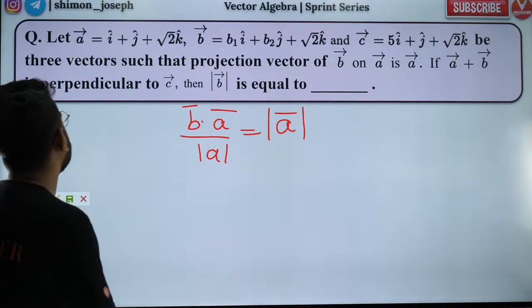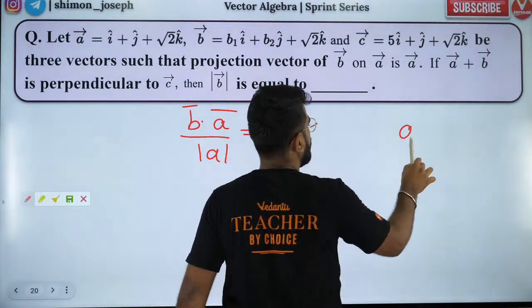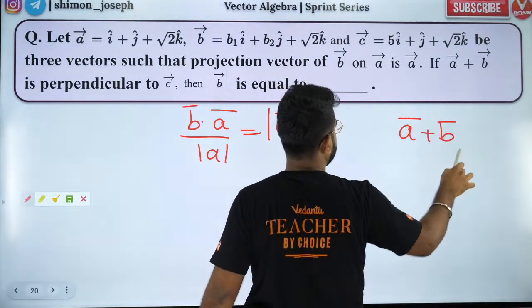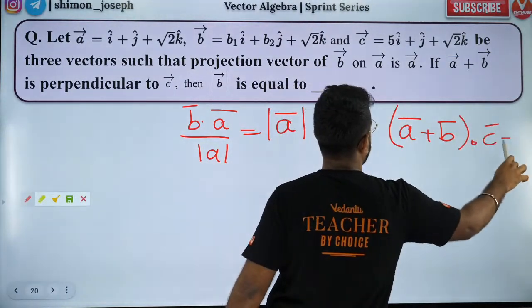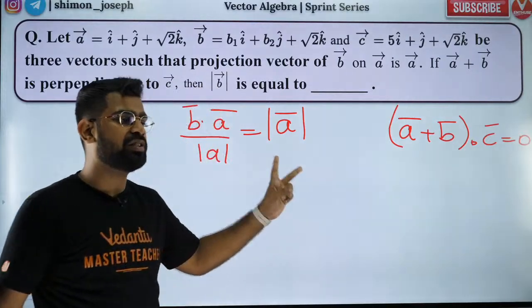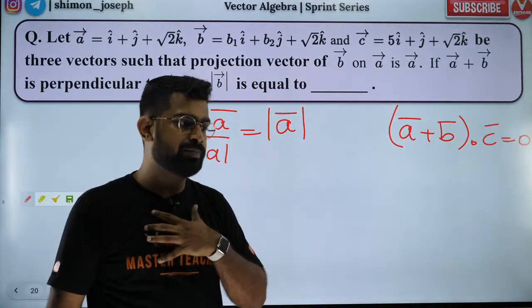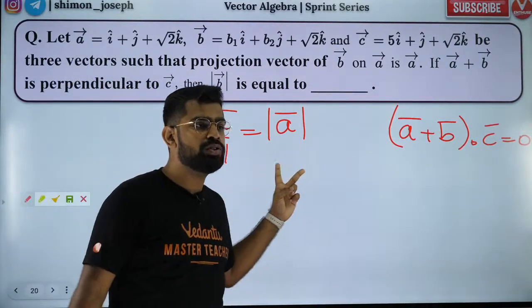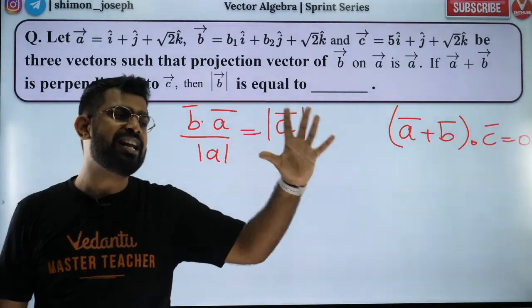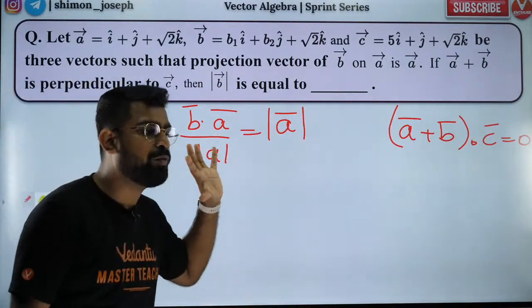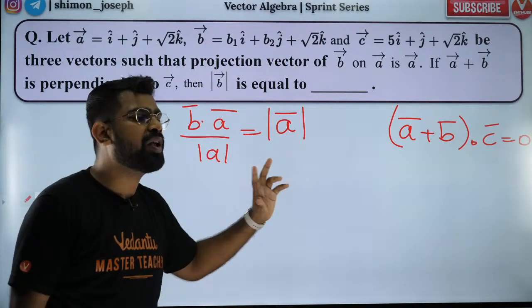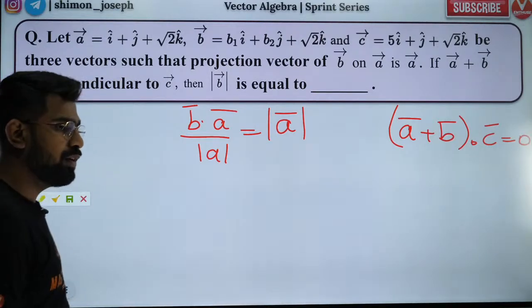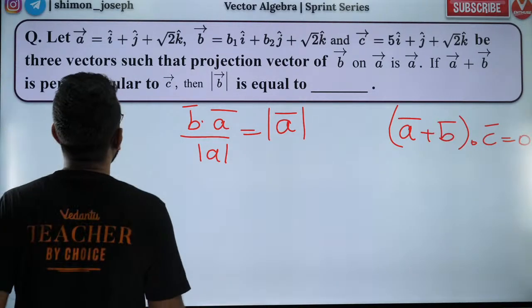And if A plus B is perpendicular to C, that means A plus B dot C is equal to 0. These are the two equations. If you wrote these two expressions, I am really happy because that is fantastic. How many of you got these two? So now after this, it's a piece of cake, guys.